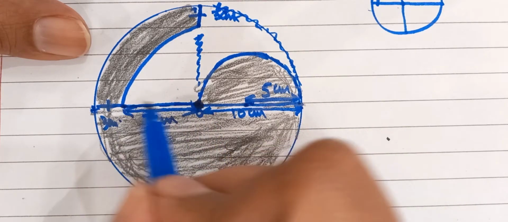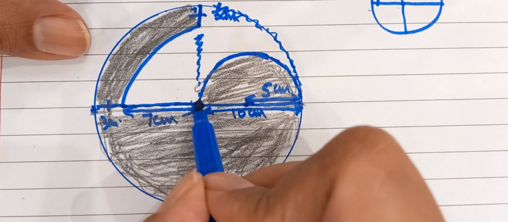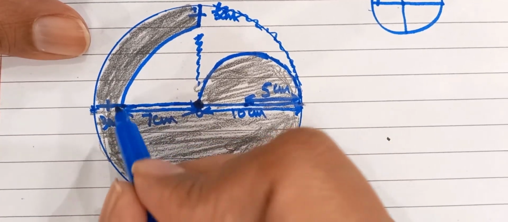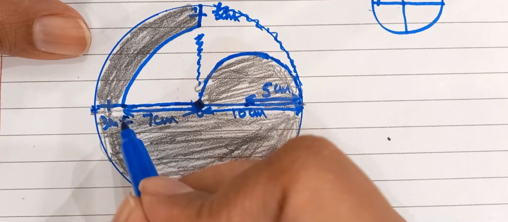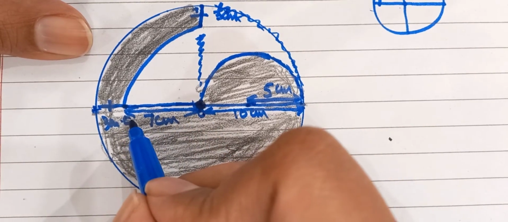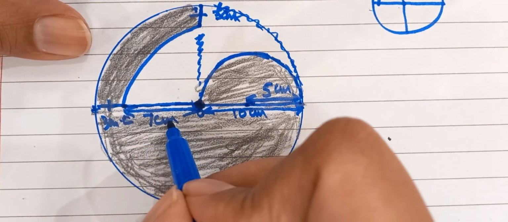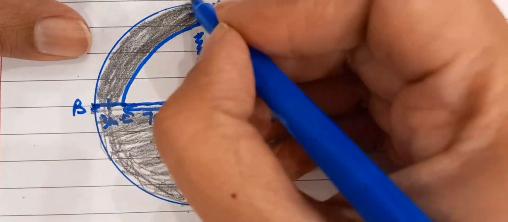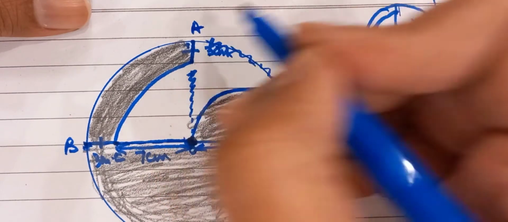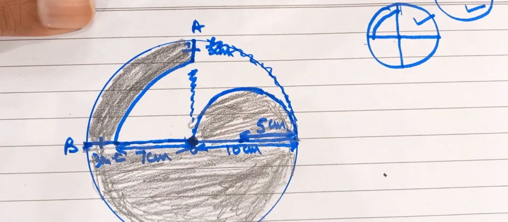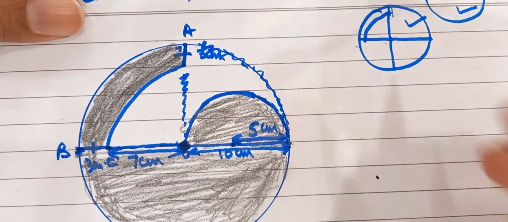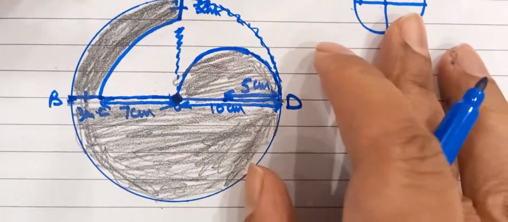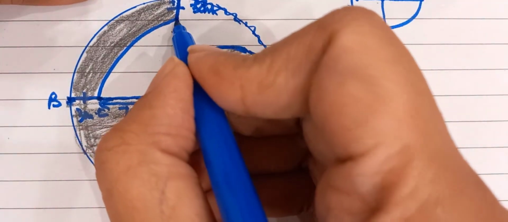So this length from O, the center, to this point, which in the question is C, is 7 centimeter long, and this point is B. This point is written as A, this point is written as D, and here this point is E.